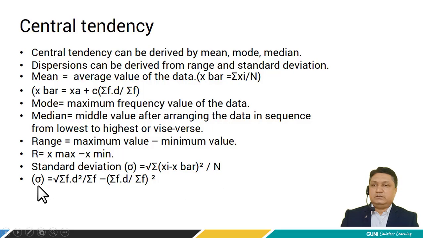Sigma can also be calculated as the square root of sum of f into d squared divided by sum of f, minus in parenthesis sum of f into d by sum of f, whole squared, where f is the frequency and d is the deviation.